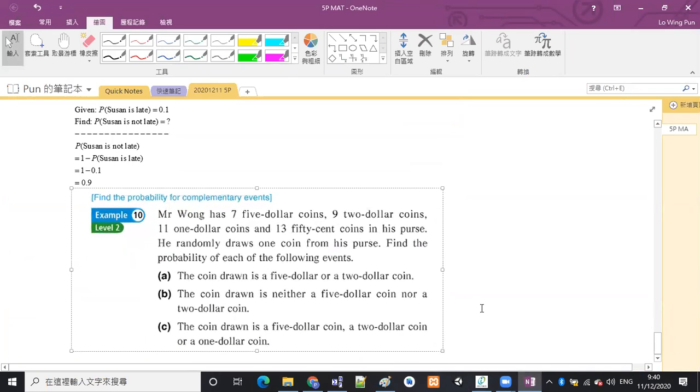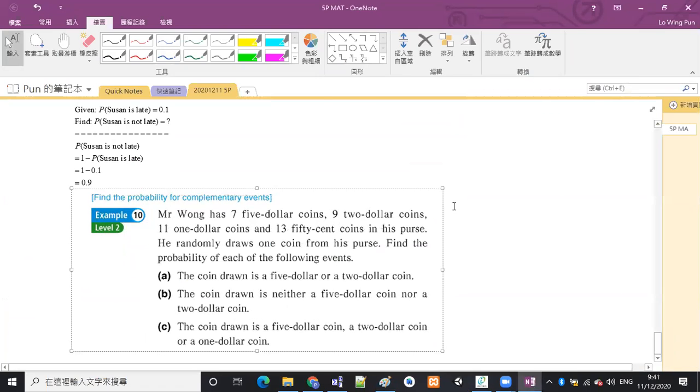Wong has 7 $5 coins, 9 $2 coins, and 11 $1 coins, and 13 50-cent coins in his purse. 好啦，而家咧有4種硬幣係咪？有7個5蚊銀、9個2蚊銀、11個1蚊銀，同埋13個5毫子。He randomly draws 1 coin from his purse. Find the probability of each of the following events.